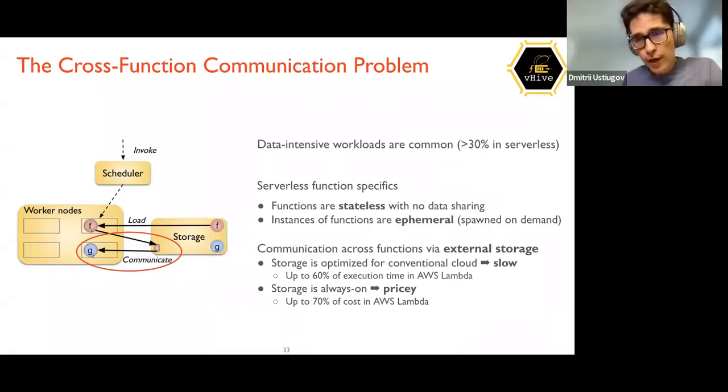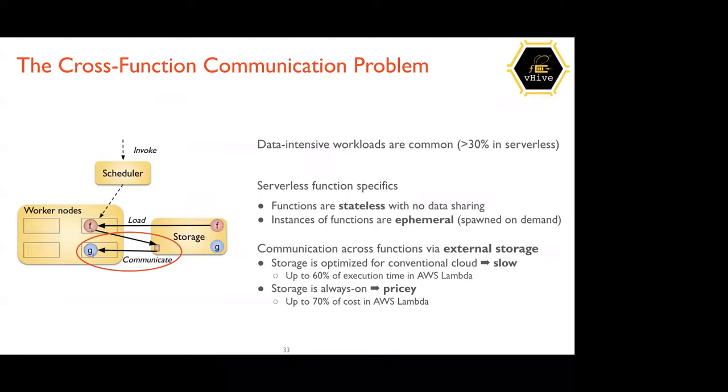And second, functions may have any number of instances at any point, each of which are identical, and they are able to process any invocation. So this leaves functions to communicate only through an external storage in the general case. And there's a fundamental contradiction here, because serverless compute scales purely on demand, and it is stateless, but it has to be coupled with a classic stateful, always-on service, which is storage.